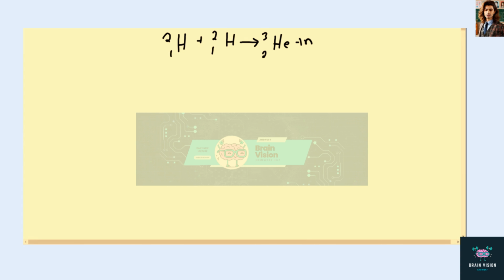Okay. And here we can use this equation, and we have the masses of deuterium, and I'm going to denote that with a D. And we have that plus the mass of the other one.